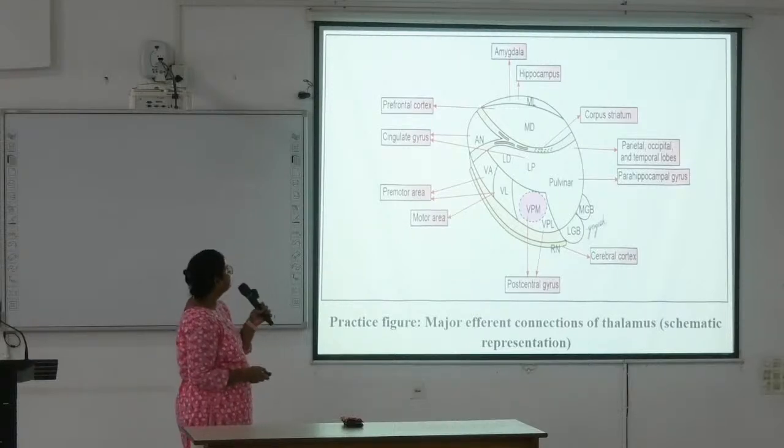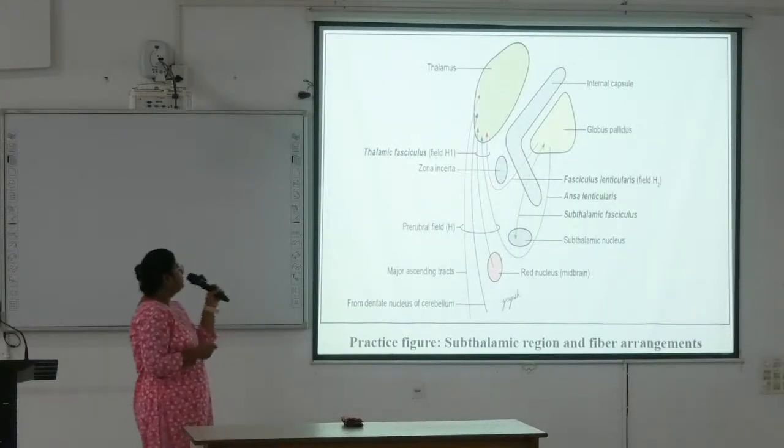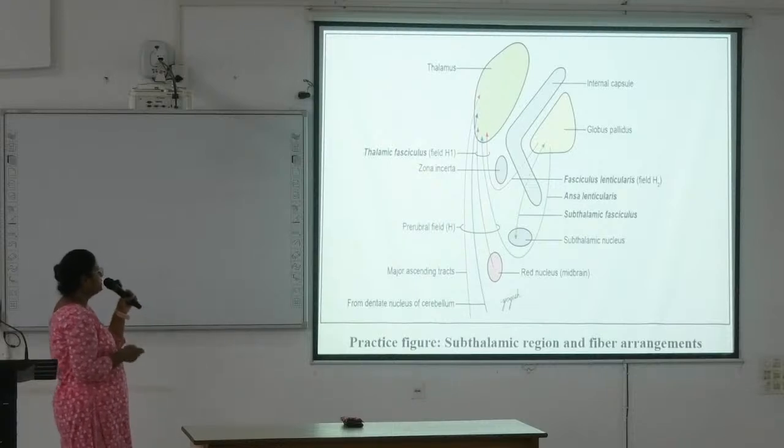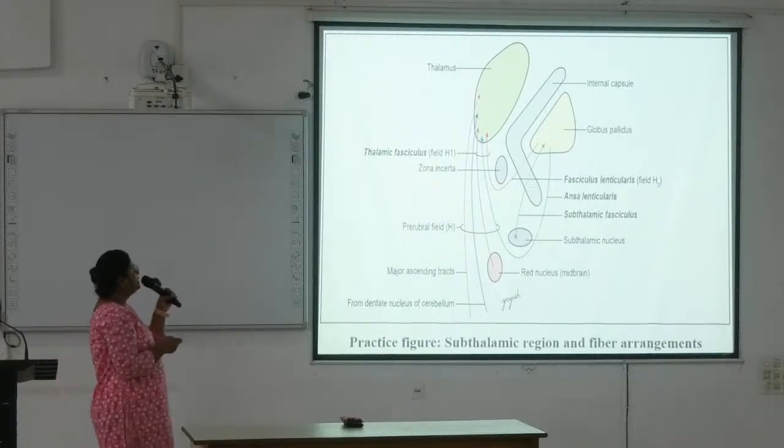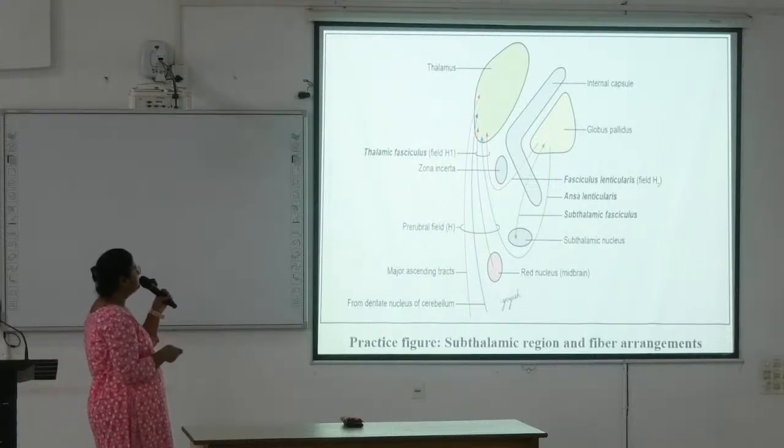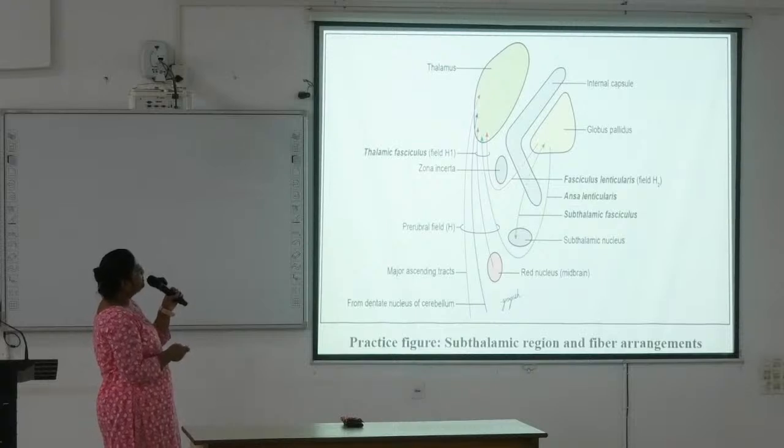Next, see these fibers are showing the afferent and efferent connections. So here is the thalamus, internal capsule, and here is the globus pallidus. So you can see these arrows are showing the ascending tracts.